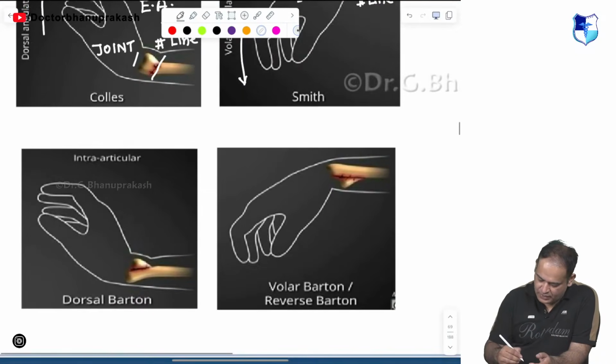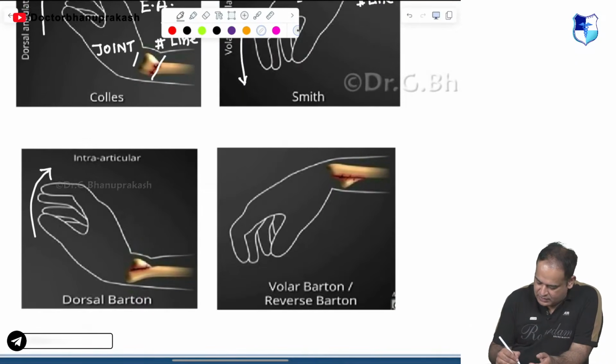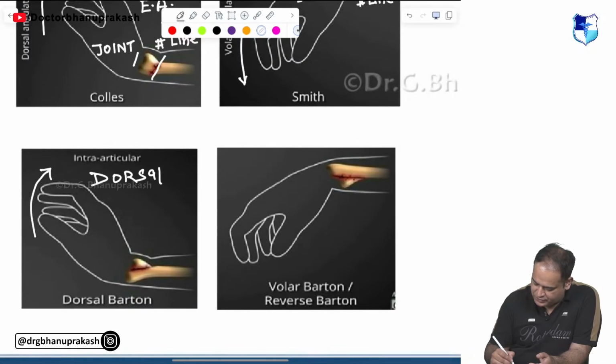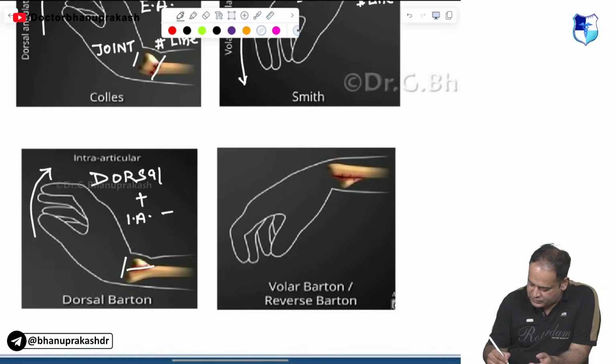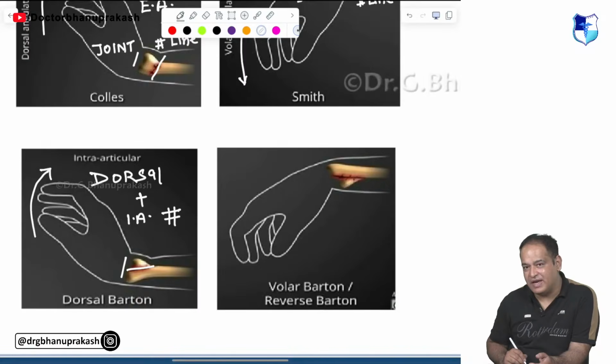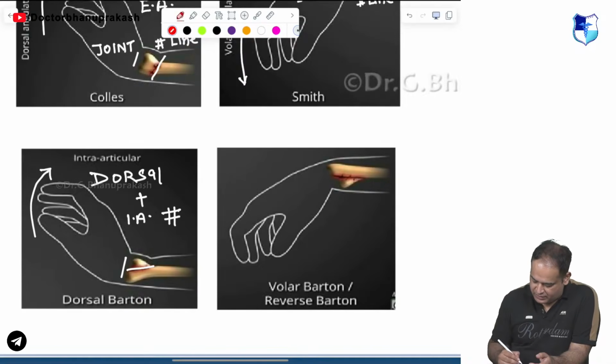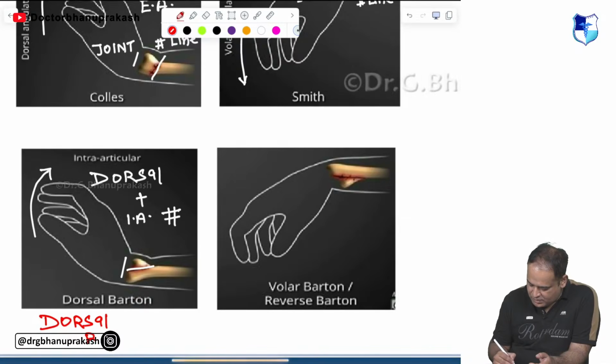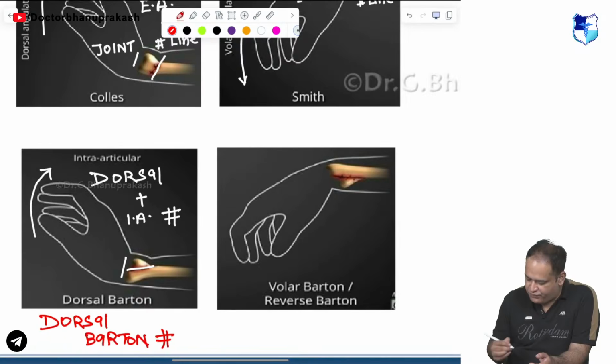See, here again, this is dorsal angulation, and you see this is close to the joint. So what kind of fracture is this? Intra-articular. This kind of fracture is called dorsal Barton fracture.